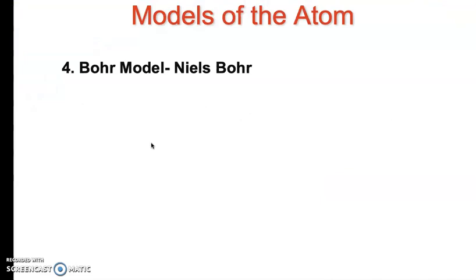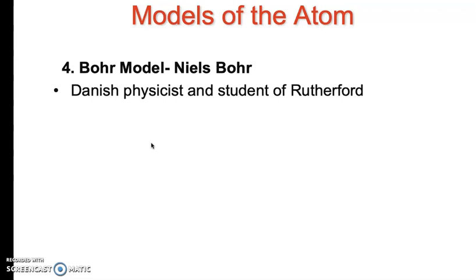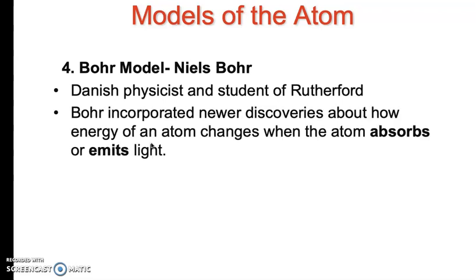Okay, it was the Danish scientist Niels Bohr, and he did a little extra studying on the previous models of the atom. He was a student of Rutherford, and he incorporated in his model newer discoveries about how energy of an atom changes when an atom absorbs or emits light.